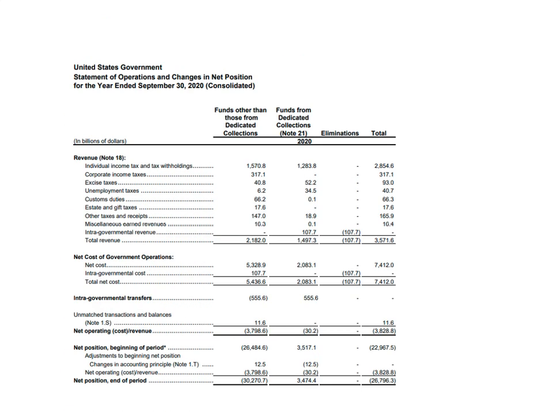Next, it is the statement of operations and changes in net position. So this is very similar to the income statement for the private sector. So we start with all the revenues for the federal government, and then cost, and the net change in net position.